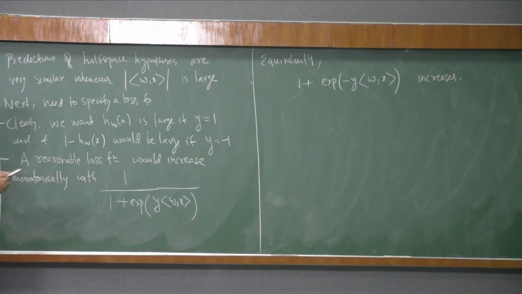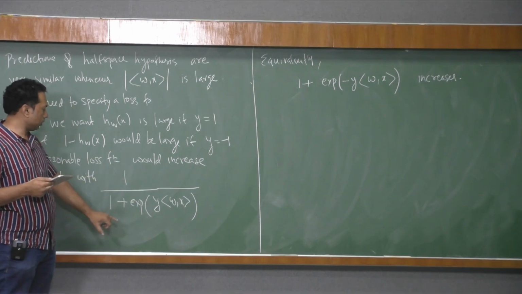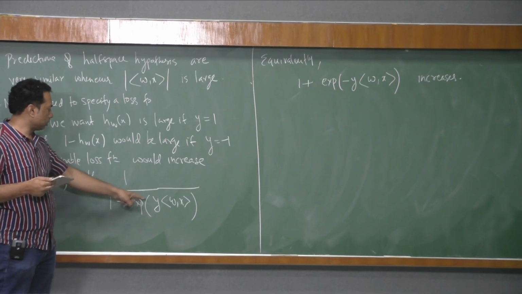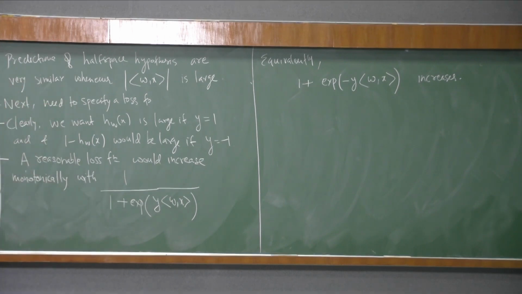So whether I say that it increases monotonically with 1 by 1 plus exponential of minus y w transpose x is the same thing as saying that 1 plus exponential of minus y w x increases. That's because I took the negation here. So if this is supposed to increase, then exponential of minus y is supposed to increase. So that's another way to characterize this.